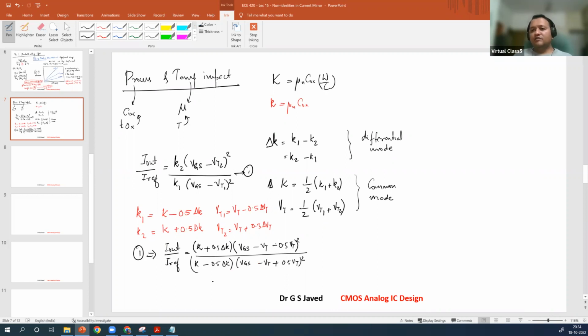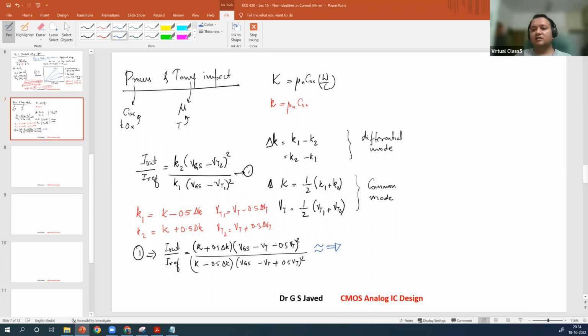Now if you have to figure out the dependency, you can differentiate these and get the value, or use a simple simplification. Approximately, we can take a factor out. What does taking the factor out mean?